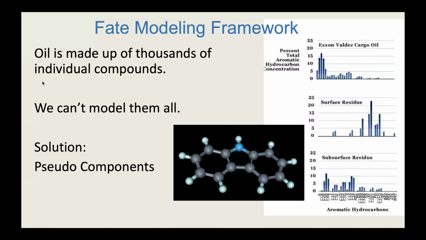These are usually based on distillation cuts. So each pseudo-component has a representative boiling point and therefore you can model evaporation appropriately. We're also looking into using SARA composition and other things to help better model emulsification. But for response purposes, we usually use only about 7, a fairly small number of pseudo-components, because that captures the bulk behavior fairly well.